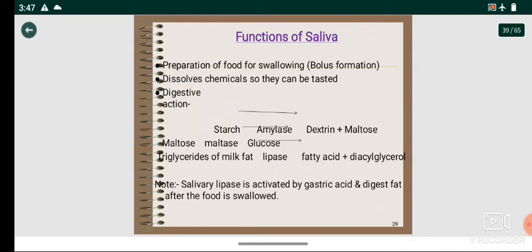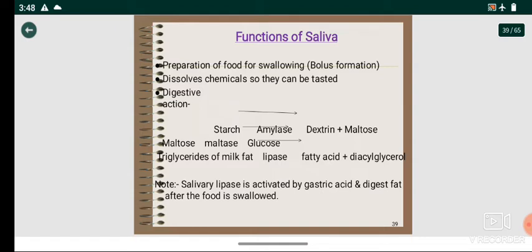So lingual lipase cannot act in the oral cavity itself. Triglycerides of milk fat are acted upon by the lipase, which will convert them into fatty acid and diacylglycerol. But this reaction happens only in the stomach, not in the oral cavity, because in the oral cavity the pH is not that acidic, which is required for the action of this salivary lipase, also called lingual lipase.